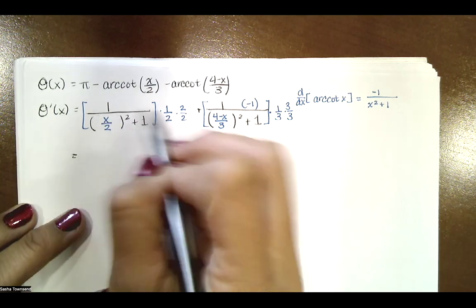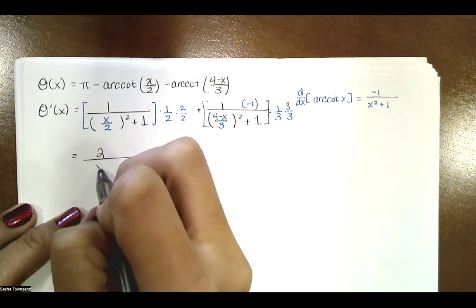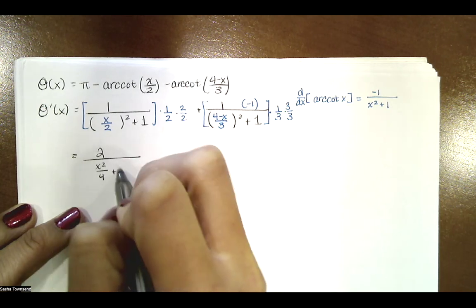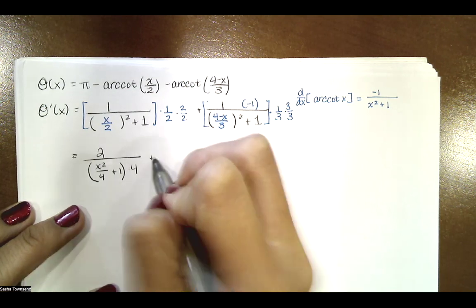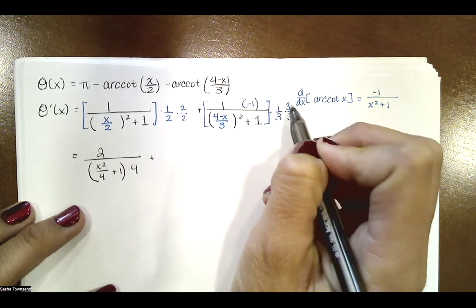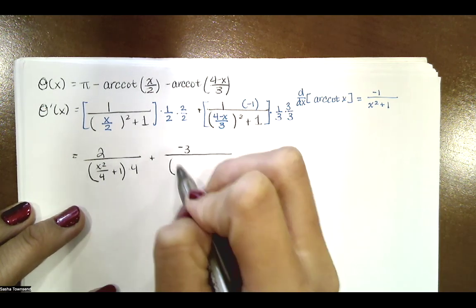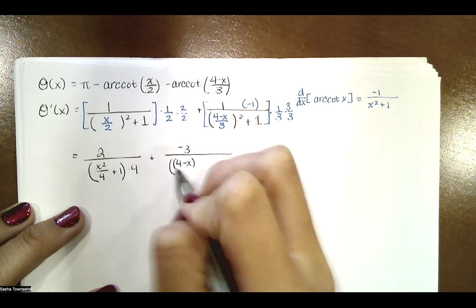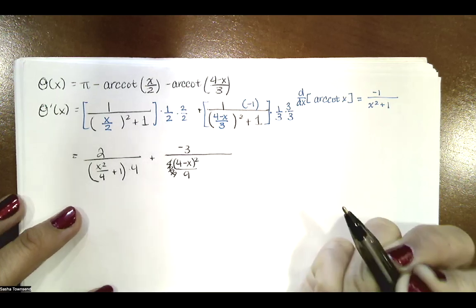In the numerator, we have 1 times 1 times 2, which is 2. Divided by, we have x squared over 4 plus 1, all multiplied by 2 times 2, which is 4. And here we've got a -1 times 3, which is -3, all divided by 4 minus x. Actually, let's square that. Square the numerator and square the denominator.